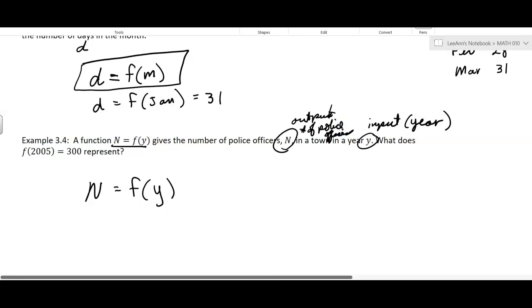Okay, what does f of 2005 equals 300 represent? Well, this is the year, 2005 is the year, and n, that's the 300, that's the number of police officers.